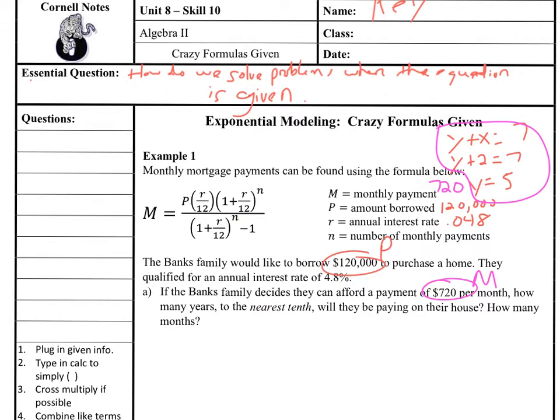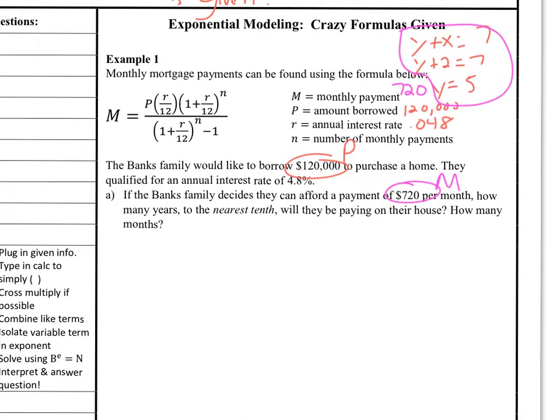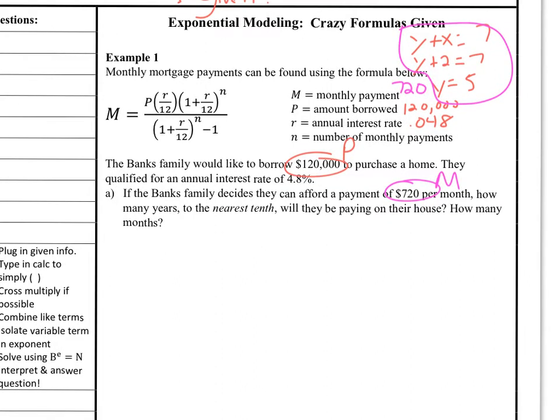And here's where the fun begins. So we're going to plug in now. We know what M is. They told us M was 720. So step 1, plug in. Step 2, cry a little bit. Step 3, continue working. The principal amount is 120,000. The rate is 0.048.